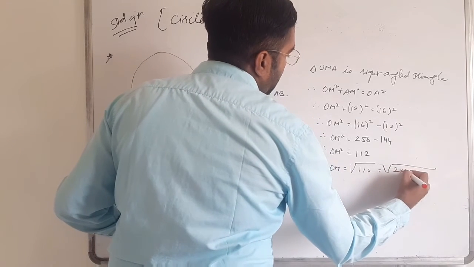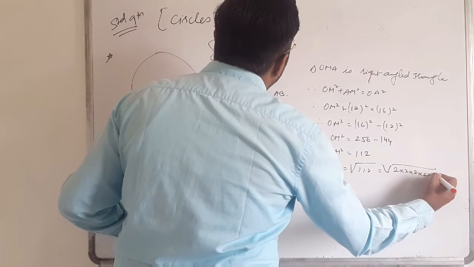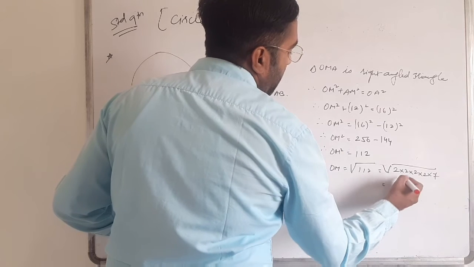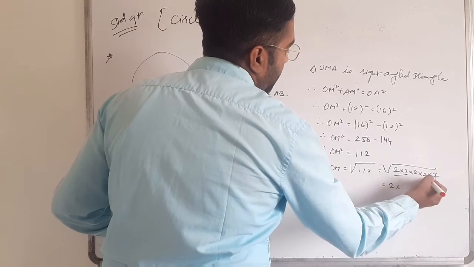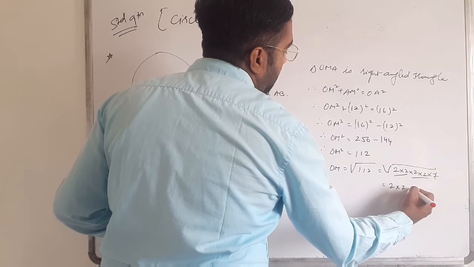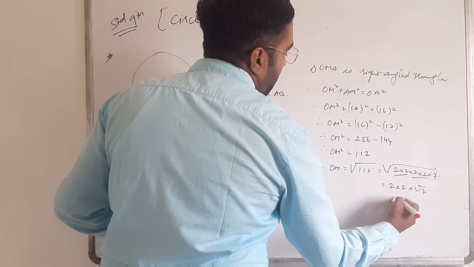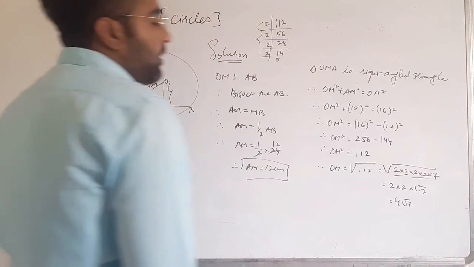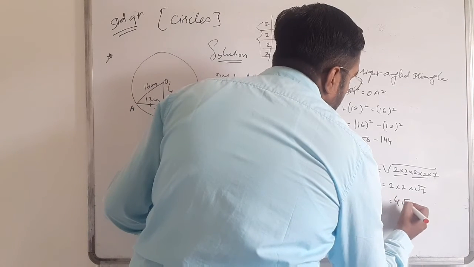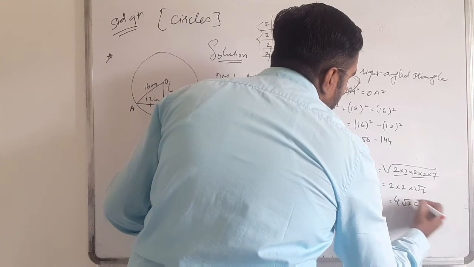So 2 2s are 4, that is 4, and 2 2s are 4, that is 4, and root 7. So your answer will be 4 root 7. The distance from the center of the circle is 4 root 7 centimeter.